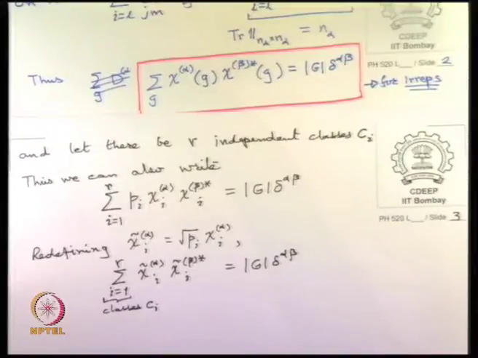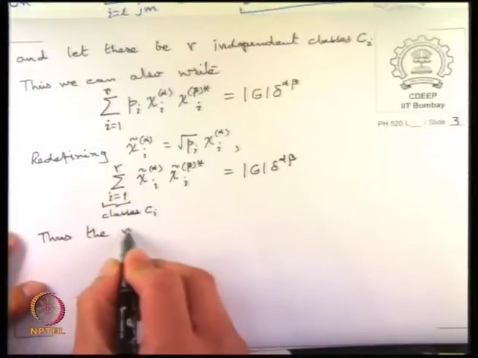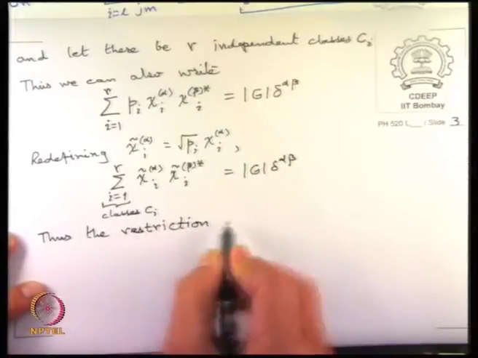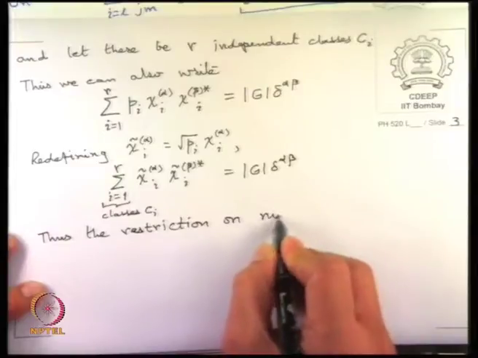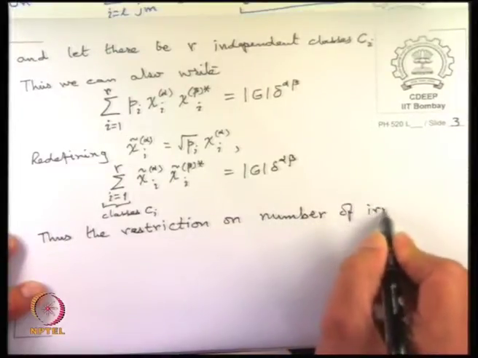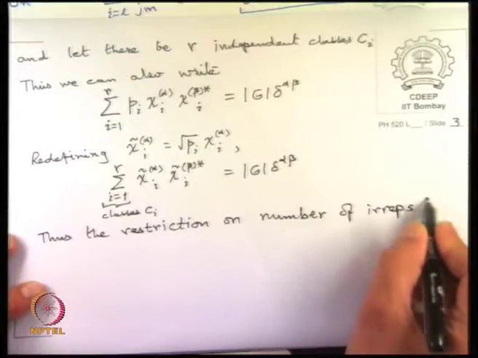You can't have an indefinitely large number because you cannot produce so many independent orthogonal vectors. You are living in a dimensionality that is only R, so you can't produce more than R such vectors. Thus the restriction on the number of irreps is stronger.